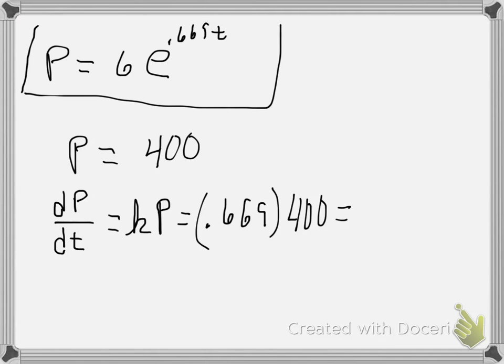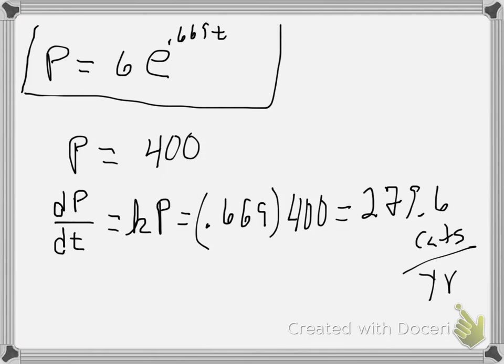And we multiply 0.669 times 400, and we get 279.6, and the units on that would actually be cats per year. So in other words, when the population is 400, it's increasing at a rate of about 280 cats every year. So hopefully this is a large island, or someone is walking around there up to their nether regions in cats by this point.